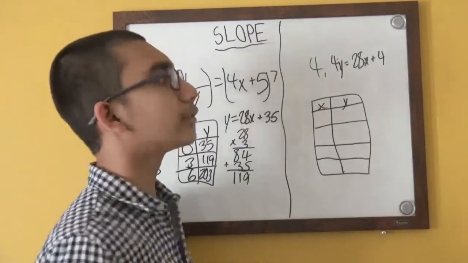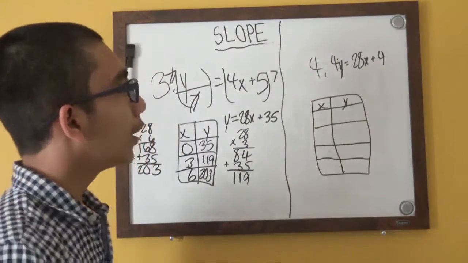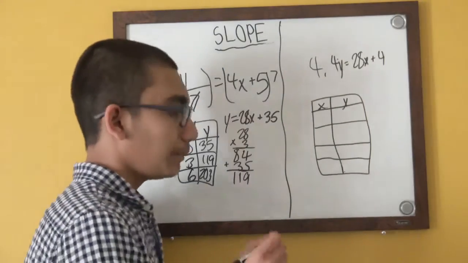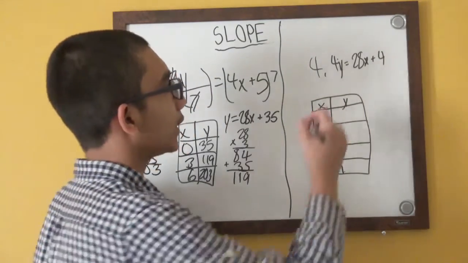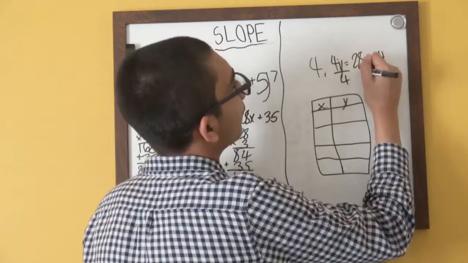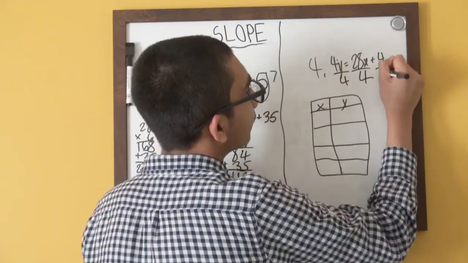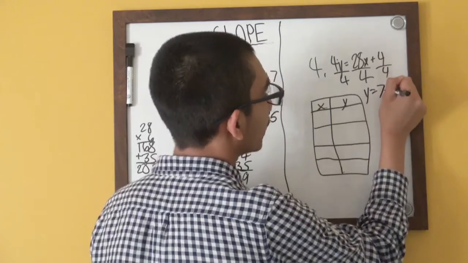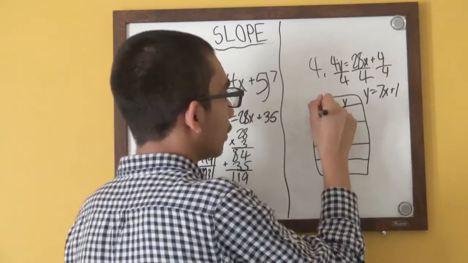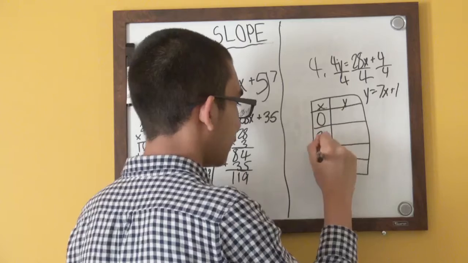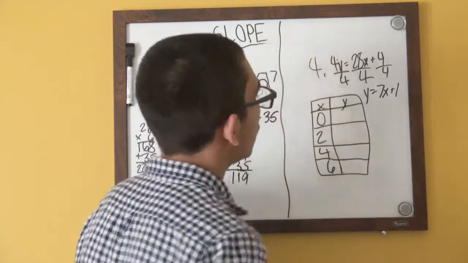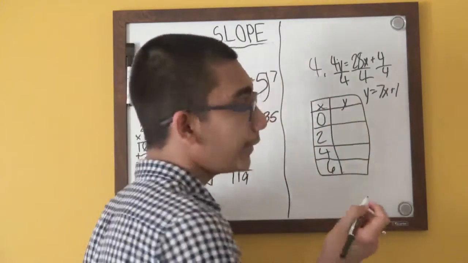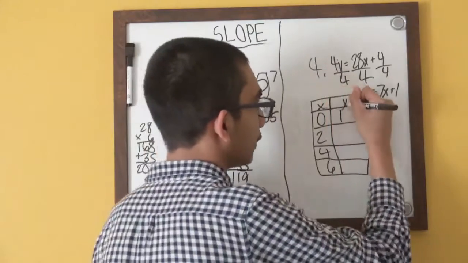So 4y equals 28x plus 4. A way we can simplify or keep as just y is by dividing every term by 4. So let's do that. So now we have y equals 7x plus 1. Let's just go by 2s this time. Okay, so for 0 we know it's 1 because of the y-intercept.